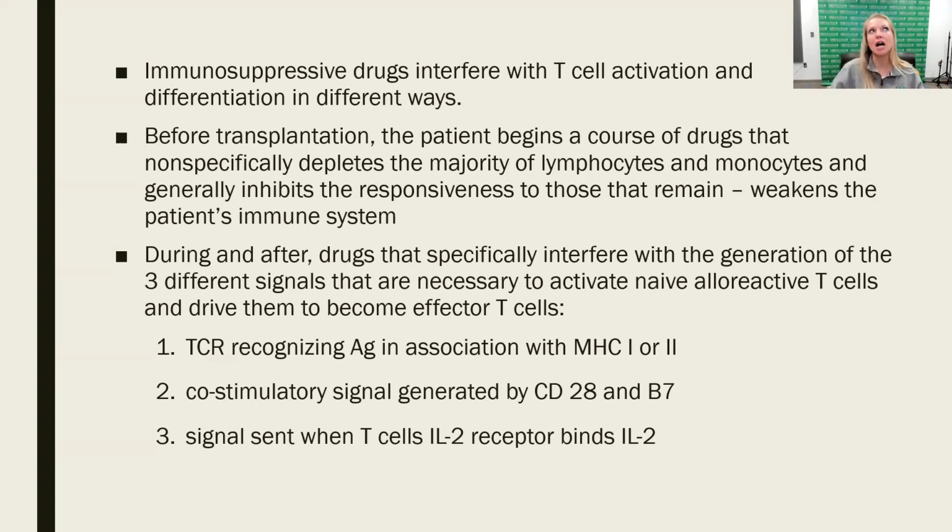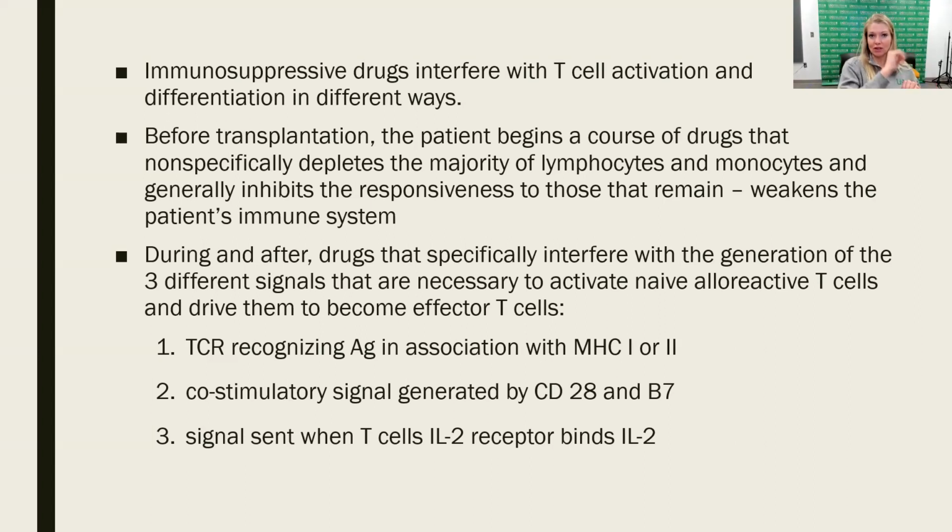Third is the kind of ramping up signal that we touched on, we didn't talk as much in length about as the other two, of IL-2. The IL-2 receptor, when a T cell is not being activated, is in a form that doesn't accept IL-2.